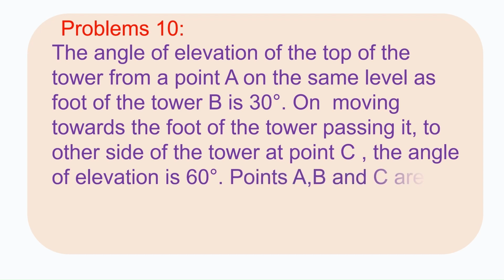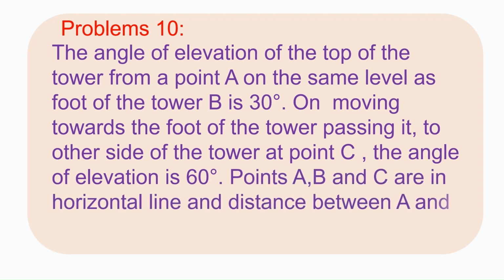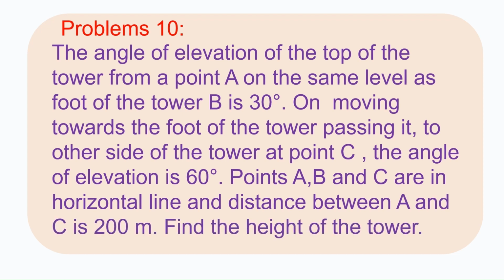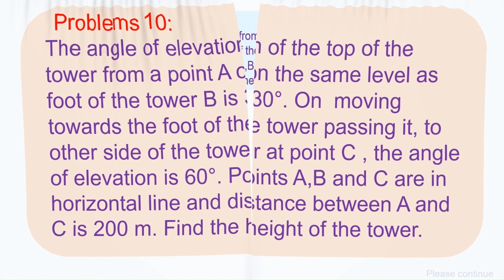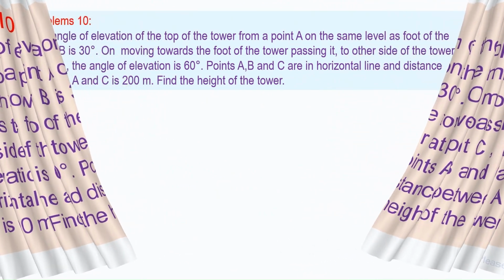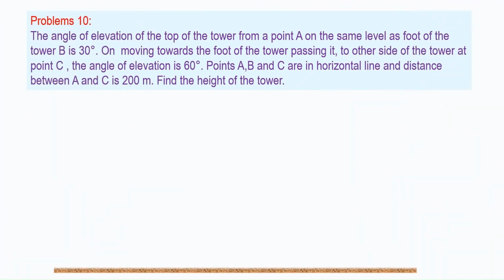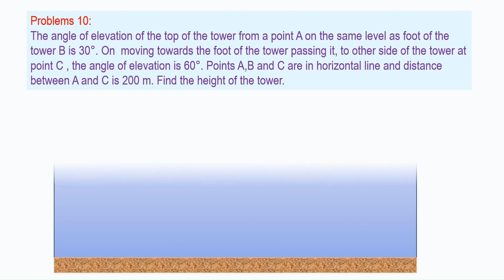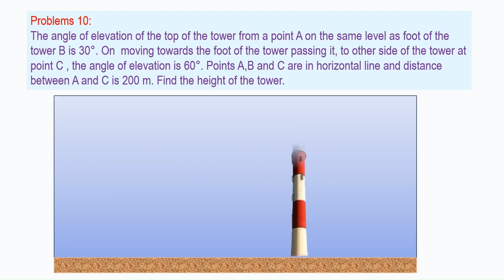Points A, B, and C are in a horizontal line, and the distance between A and C is 200 meters. Find the height of the tower. Imagine the scenario on the ground, and then convert this picture into simple geometry.